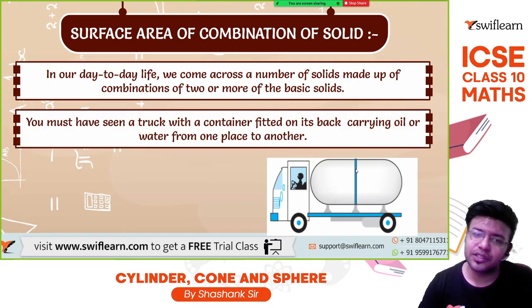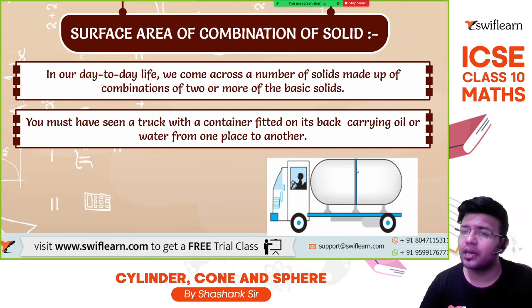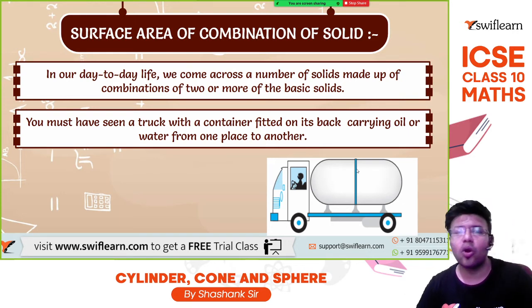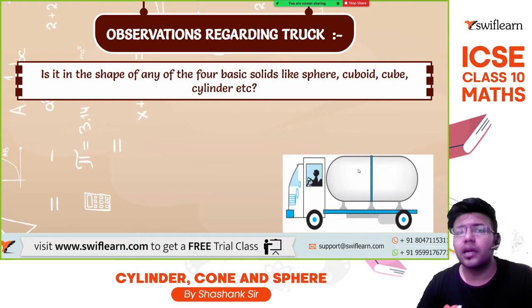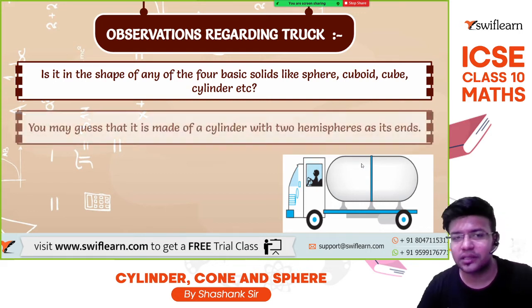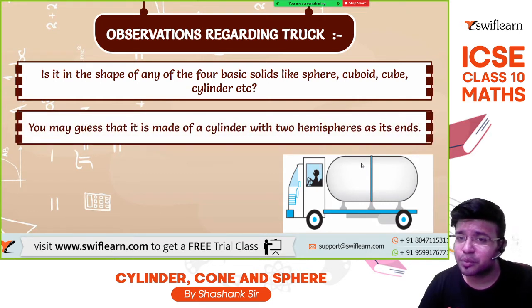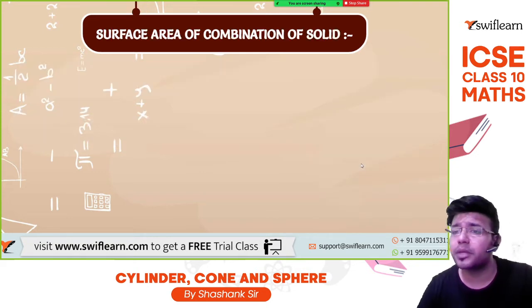You must have seen a truck with a container on its back carrying oil or water from one place to another. It is in the shape of basic solids like sphere, cube, cuboid, cylinder, etc. You may have guessed that it is made up of a cylinder with two hemispheres at its ends.